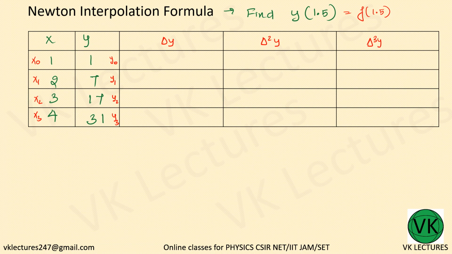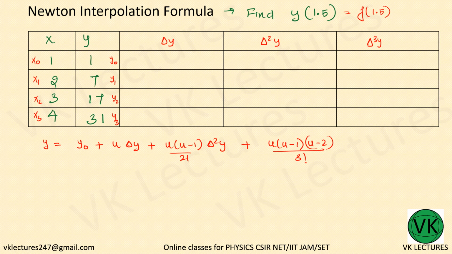Now the formula y is equal to y naught plus u into delta y plus u into u minus 1 divided by 2 factorial into delta square y plus u into u minus 1 into u minus 2 divided by 3 factorial into delta cube y.